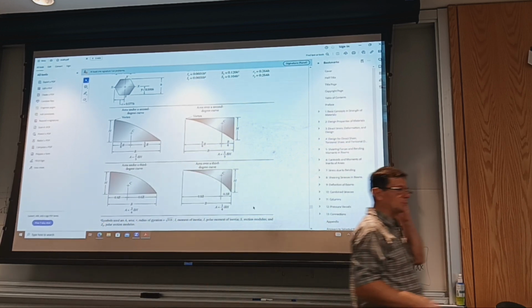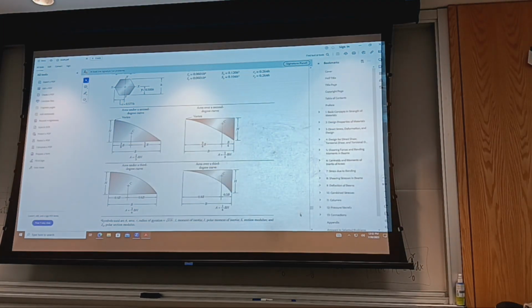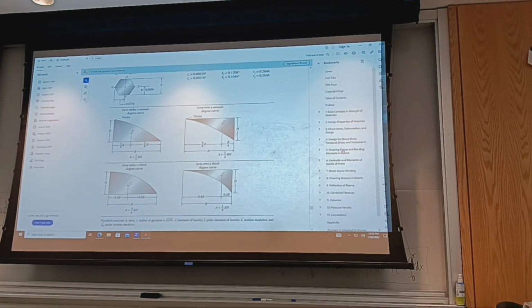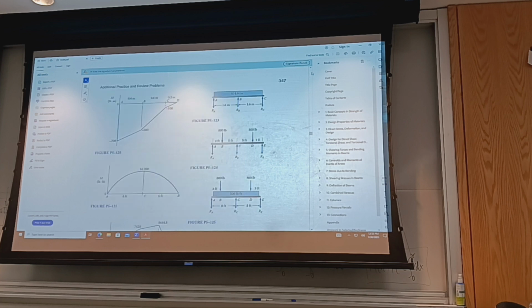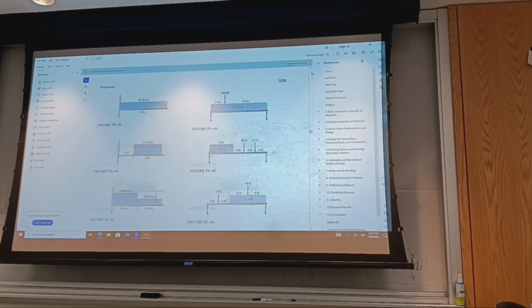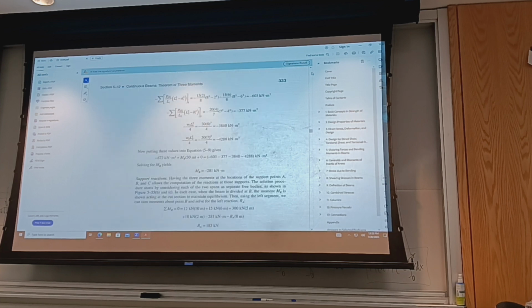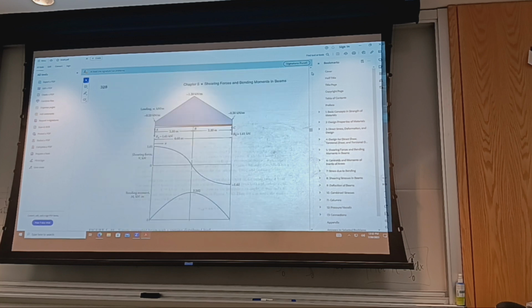So this is a place where you could find information that you can use to handle a distributed load that is of a type other than linear. Centroids, and the page was 313, we said.